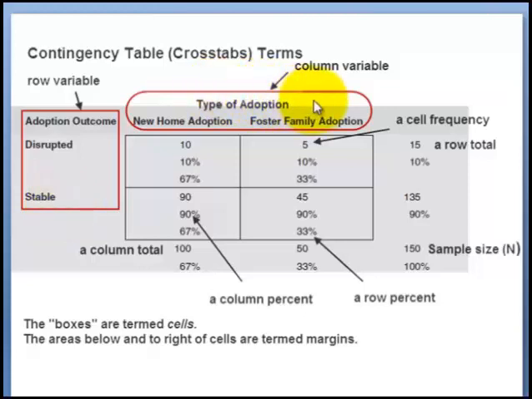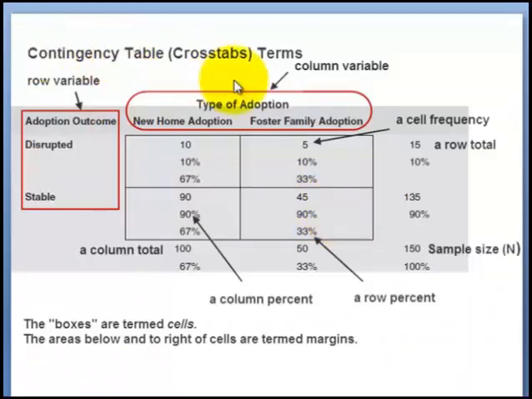Type of adoption is our column variable. So to speak, its values are the two columns. Here's one value in the first column, here's a second in the second. Adoption outcome is our row variable. So disrupted defines this first row, and stable defines the contingency table's second row.